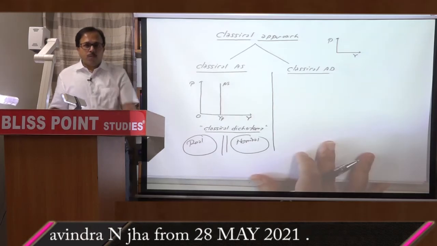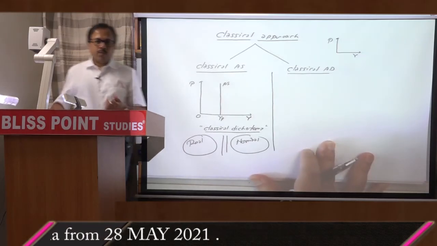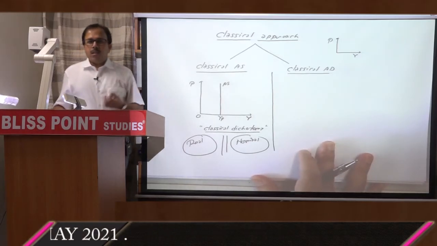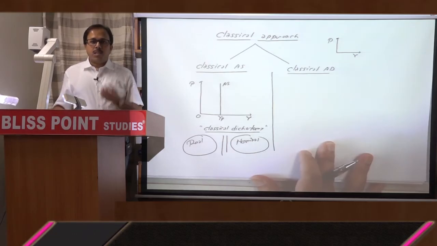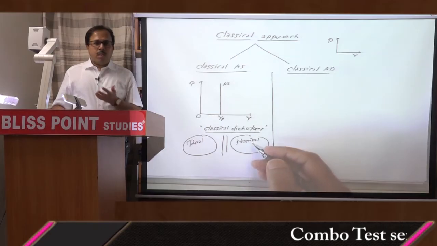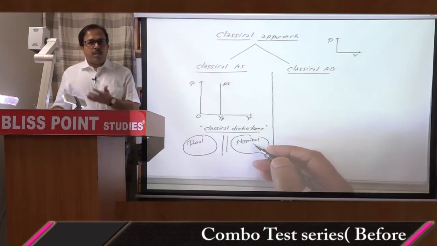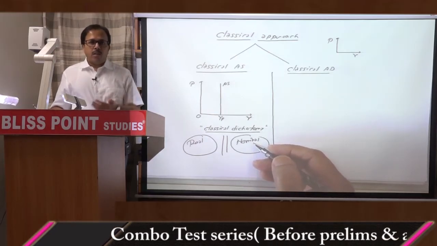Real are things like output, employment, real interest rate, real exchange rate, purchasing power. Nominal is in terms of price: nominal interest rate, nominal exchange rate, nominal wage.